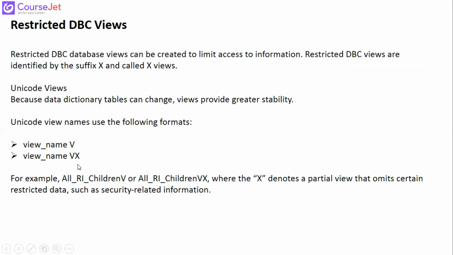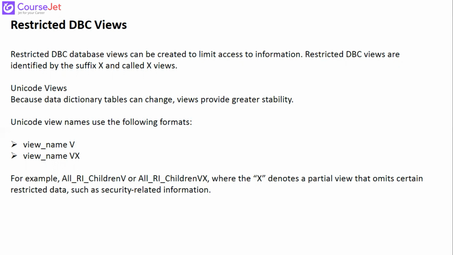They will restrict the data to a certain amount, such as security information. If you do a select from this view, it will only fetch the data if the session through which you are running contains the access, and then it will show you the result.